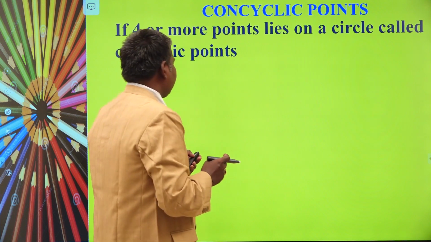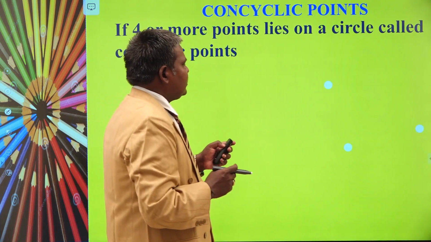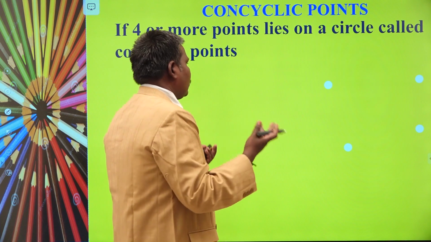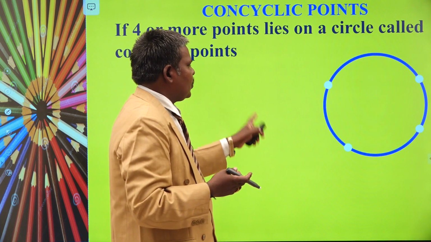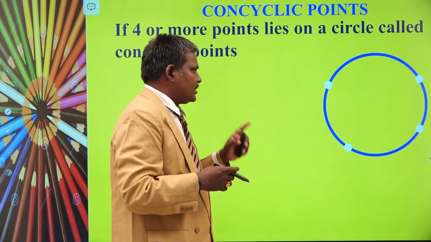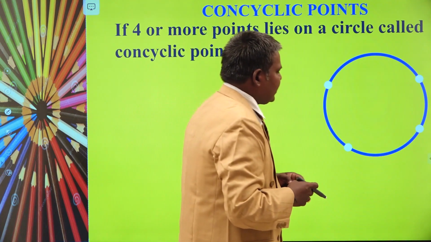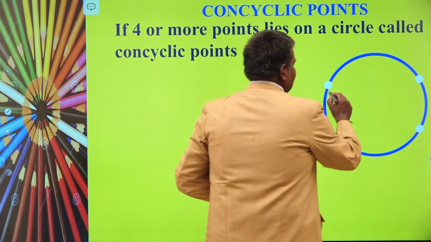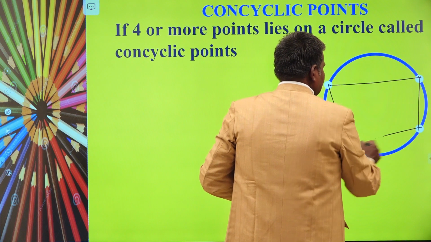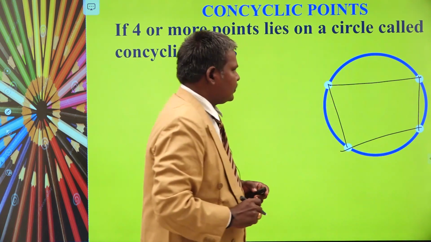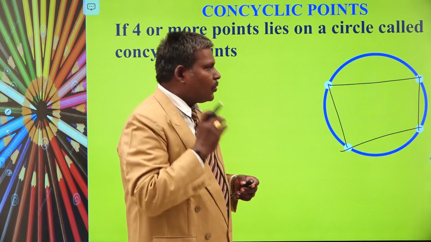These are the 4 points as shown in this figure. 4 or more, you may take 5 points also. One circle passes through these 4 points or more, then we say that the points are concyclic. At the same time, these 4 points form a quadrilateral. That quadrilateral is called a cyclic quadrilateral.